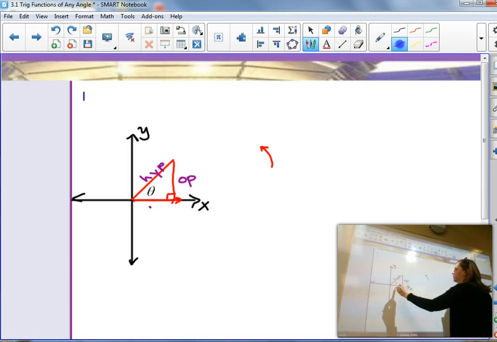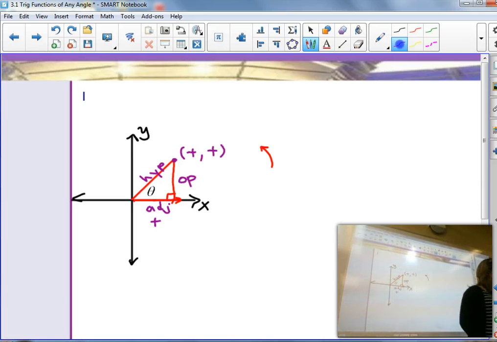And then adjacent is right here, isn't it? Okay, so because we're moving in the positive x direction over here, if I was going to figure out what that coordinate was, like a point in space, the x coordinate here would be positive, and the y coordinate here would be positive, right?